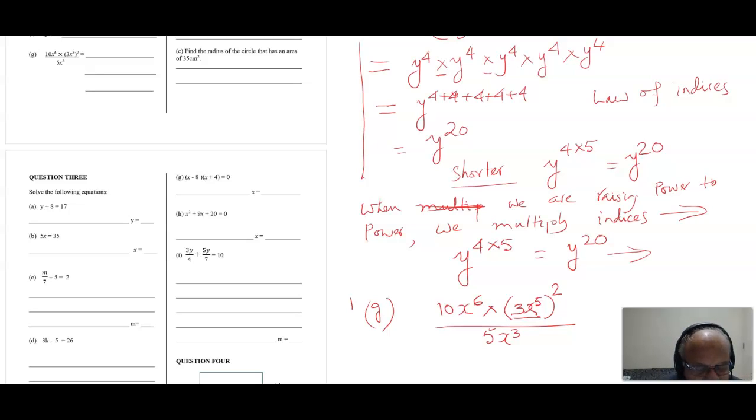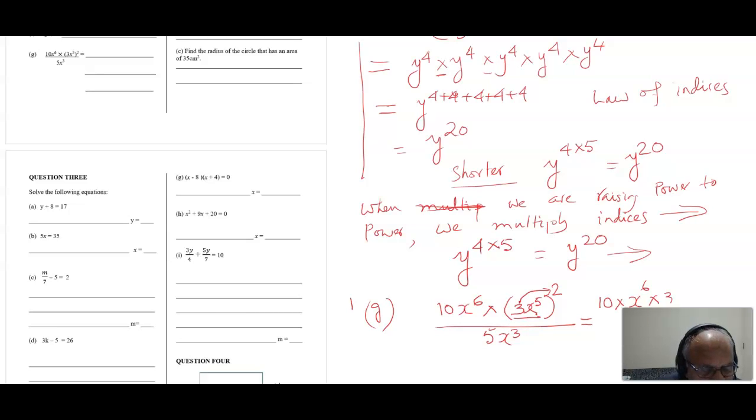Now what I can do, I can first of all look at the numbers. 10, I don't have much problem with that. And I am multiplying 10 by x to the power 6. Now, what is the implication of 3 raising it to the power 2?